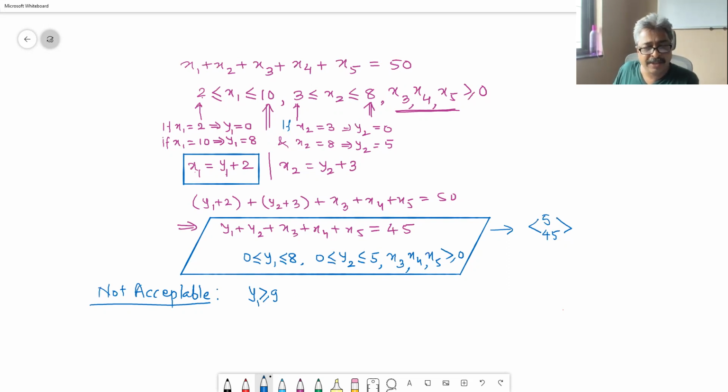This is the not acceptable case, and y2 greater than or equal to 6. Let me write it down the opposite way: 9 is less than or equal to y1, and 6 is less than or equal to y2.